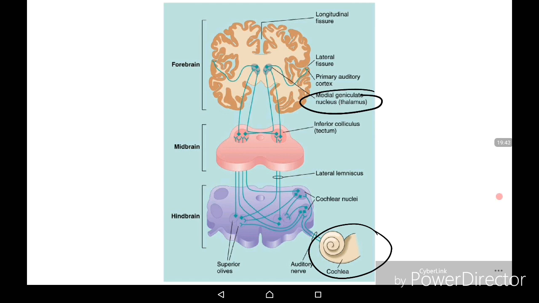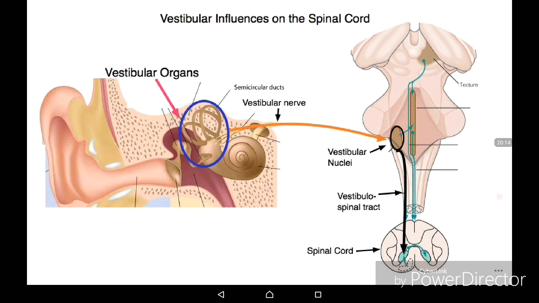The lateral geniculate nucleus was for the visual analyzer, and here we have the medial geniculate nucleus. So it's the thalamus, where we have many synaptic contacts between the neurons, and from this medial geniculate nucleus, thalamocortical neurons are produced, and their axons reach the primary auditory cortex in the temporal part of the brain cortex. This is the central part of the acoustic analyzer.